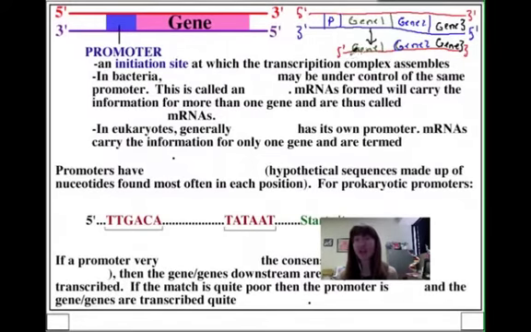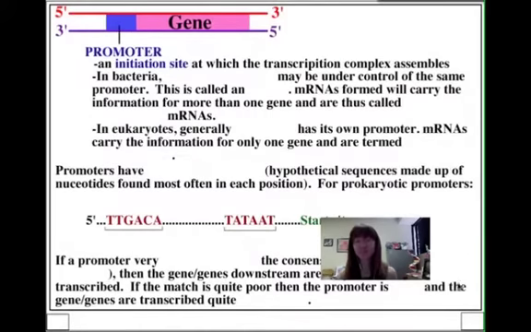An mRNA that carries the information for more than one gene is called, and you guys could guess this, what is that prefix for many, right? Poly. And then we have more than one gene, so this is polycistronic mRNA. Let's jot that down. So in bacteria, more than one gene may be under control of the same promoter.